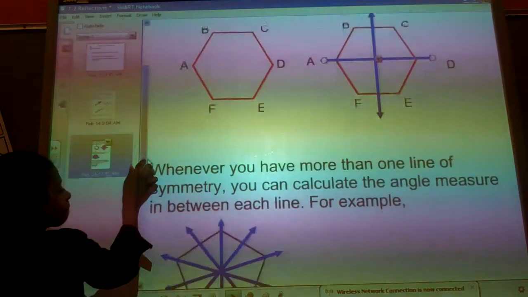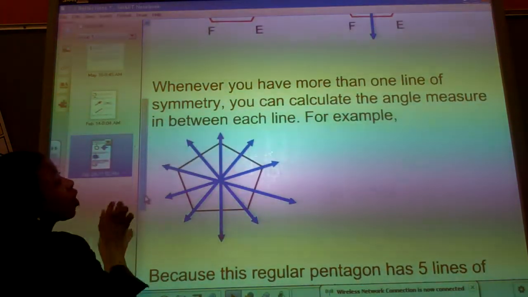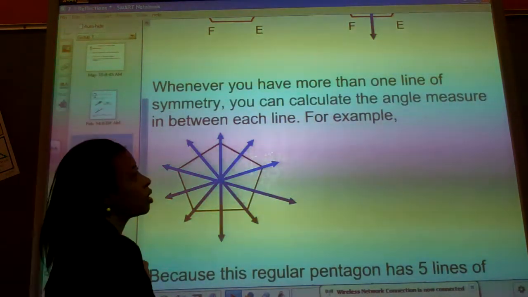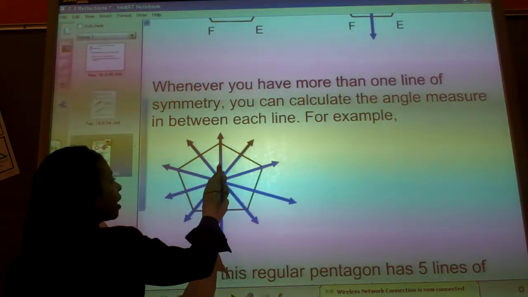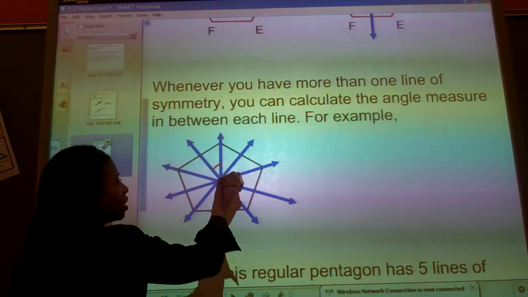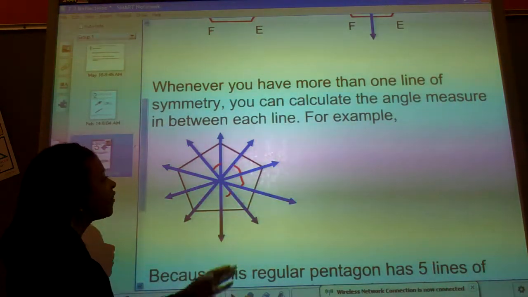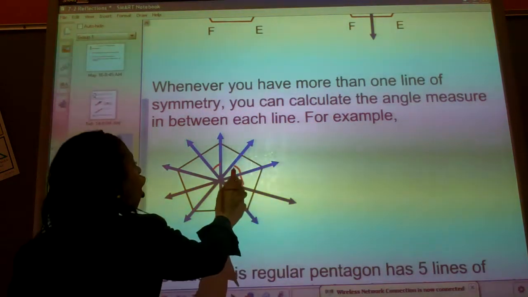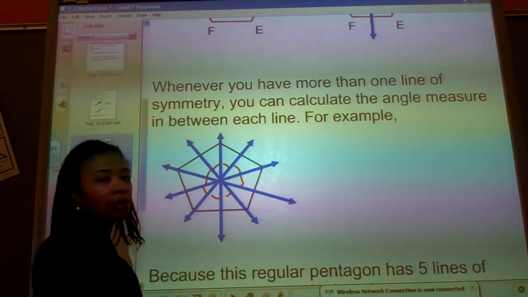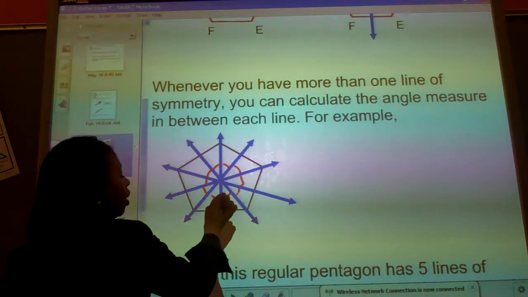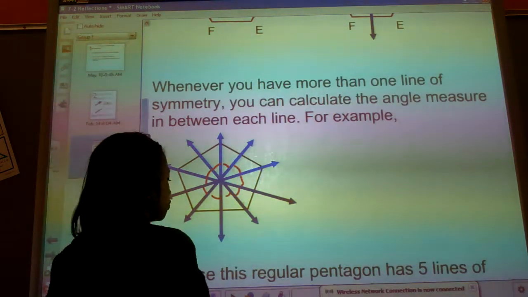Now let's look. Whenever you have more than one line of symmetry, you can calculate the angle of measure between each line. So let's say I want to find out what's the angle in between all of these. First of all, if you have lines of symmetry, all of the angles will be the same measure. And you can calculate what angle of measure it will be for each of these.